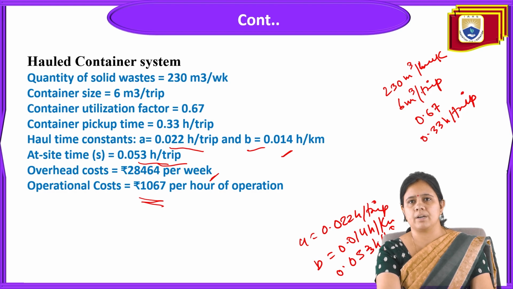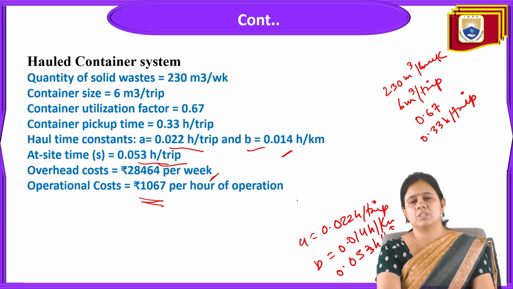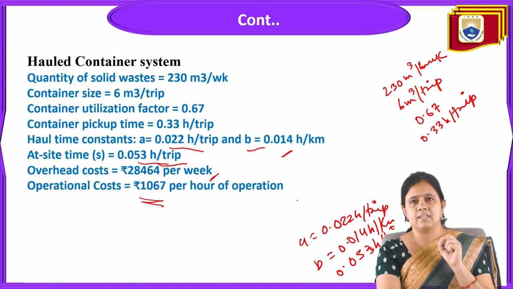The overhead cost means the per-week cost, which is 28,464 rupees, the total cost for a week. And for 1 hour of operation, the cost is 1,000 rupees. So these are the data given for this haul container system.